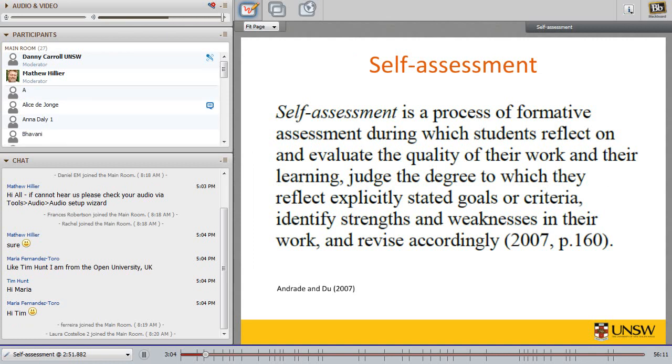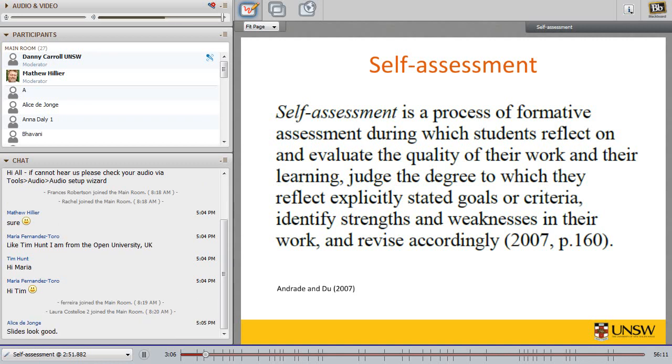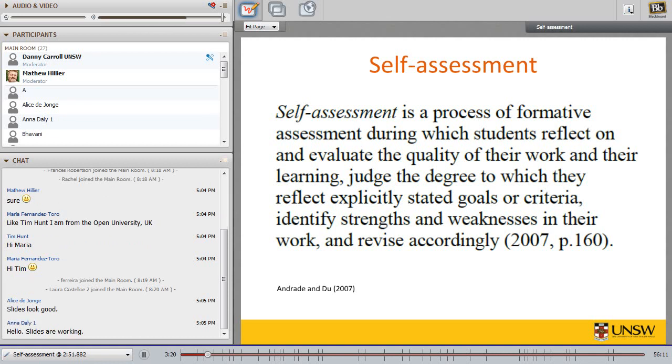All right, so I'd like to start with a quote from Dr Mathew about self-assessment. And you can see, if you can read it, that they put self-assessment very much as a construct and a practice inside formal assessment. But of course, self-assessment is also really the practice of individuals.